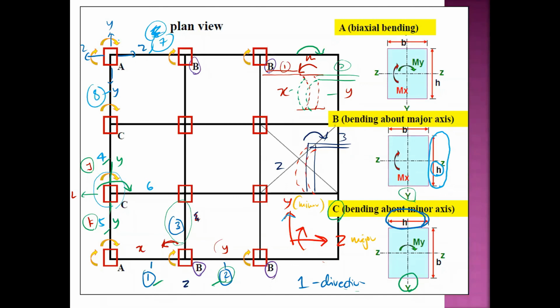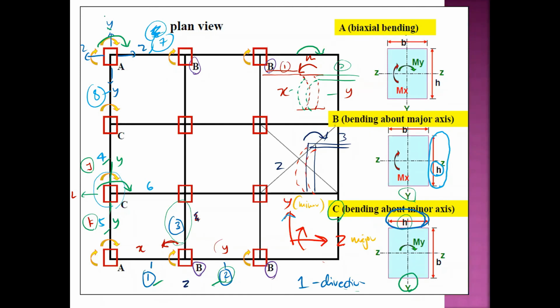Beam number 7 will trigger the column to bend along the Y direction, so the shorter shall be H, like the situation of C.